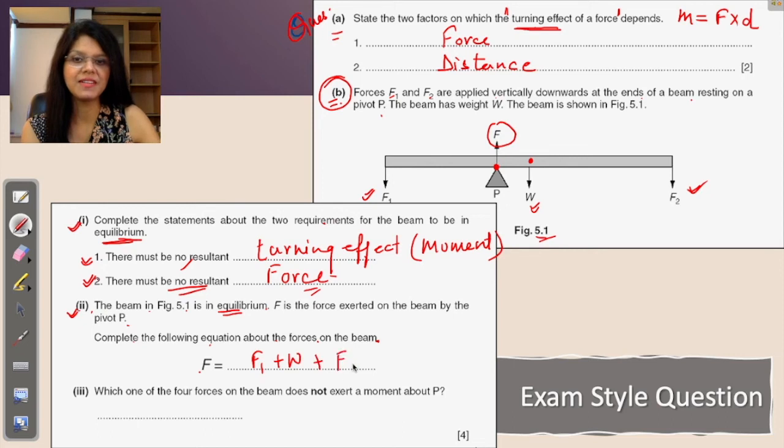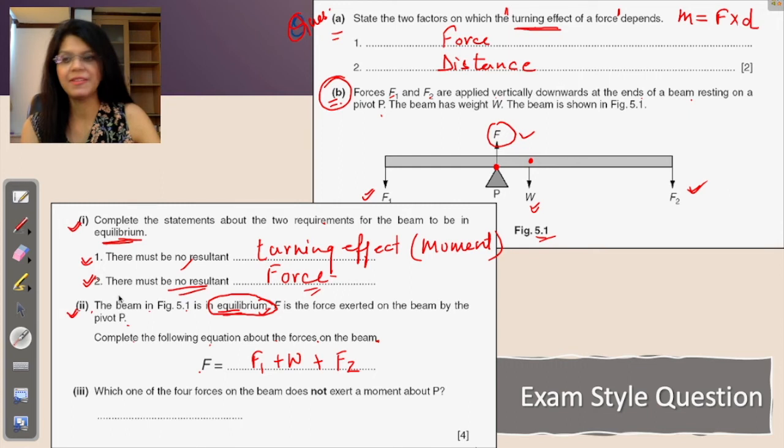So this should be your answer here, right? Because it is in equilibrium, the question says that the beam is in equilibrium. You have to read the question multiple number of times to find the key terms, key hints hidden in the question. The beam is in equilibrium, right? They are telling you to find F in terms of the other forces.